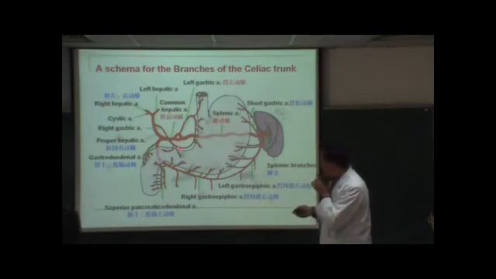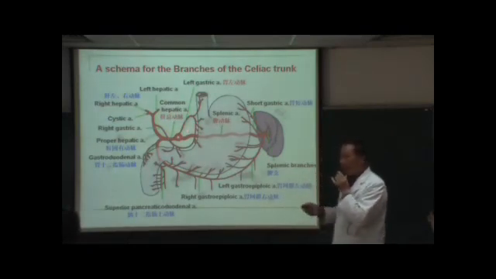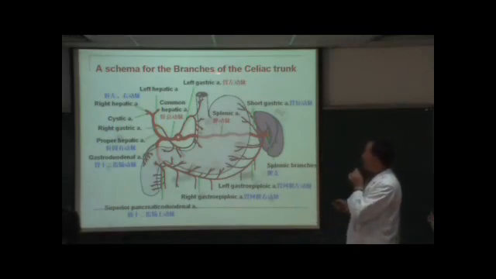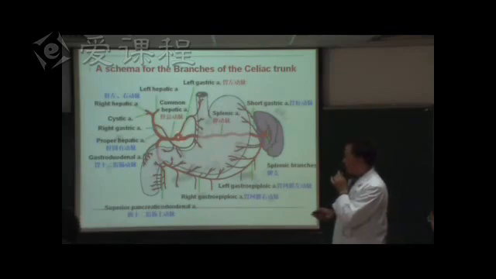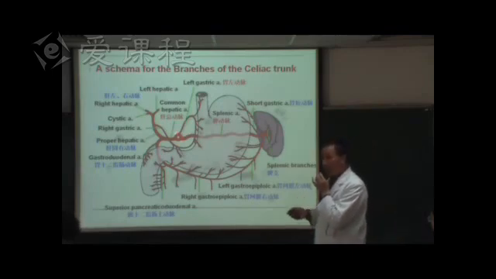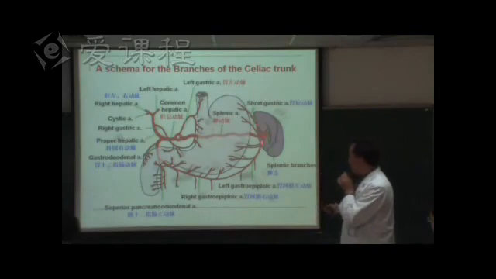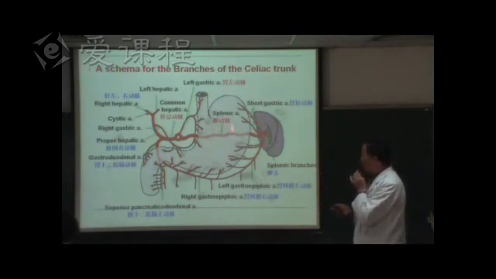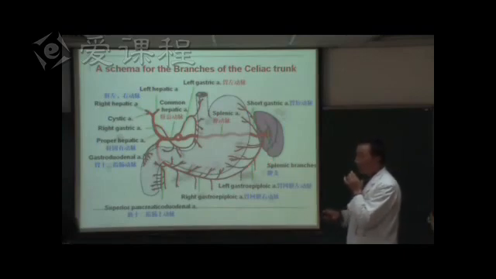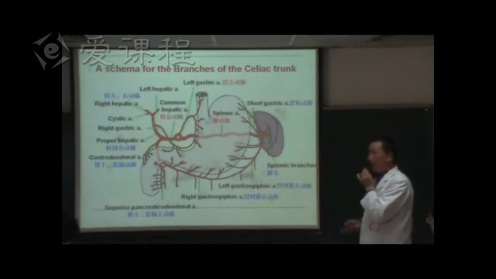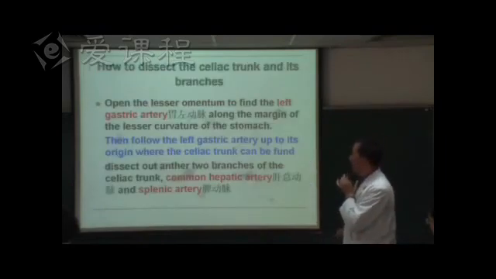These three arteries are the branches of the celiac trunk. From each primary artery, they give off several other sub-branches to supply the corresponding organs. Later, I will explain this to you.